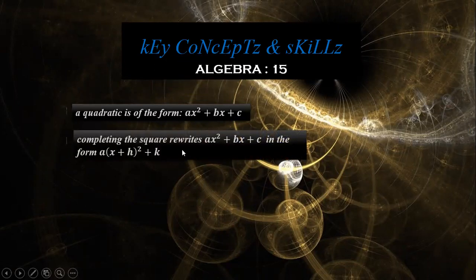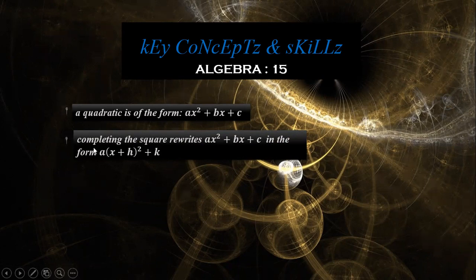In completing the square, we write ax² + bx + c in the form a(x + h)² + k. If you can take this and write it in this format, we would have completed the square. There's another method of completing the square, but using this methodology, we get a, h, and k directly.